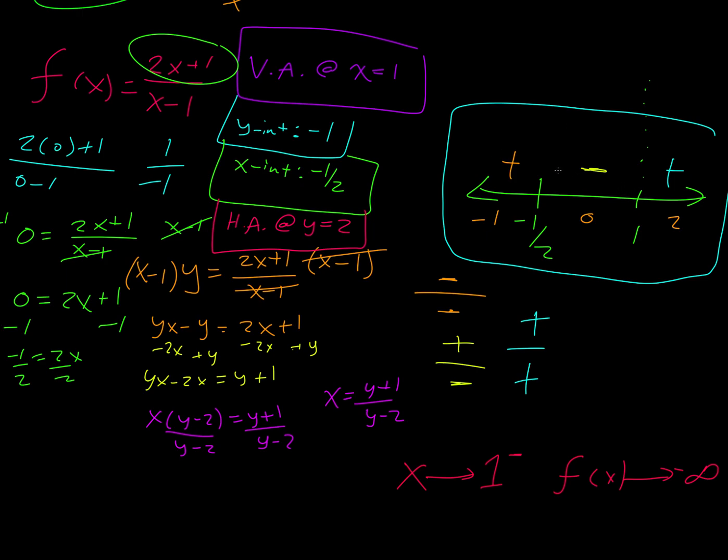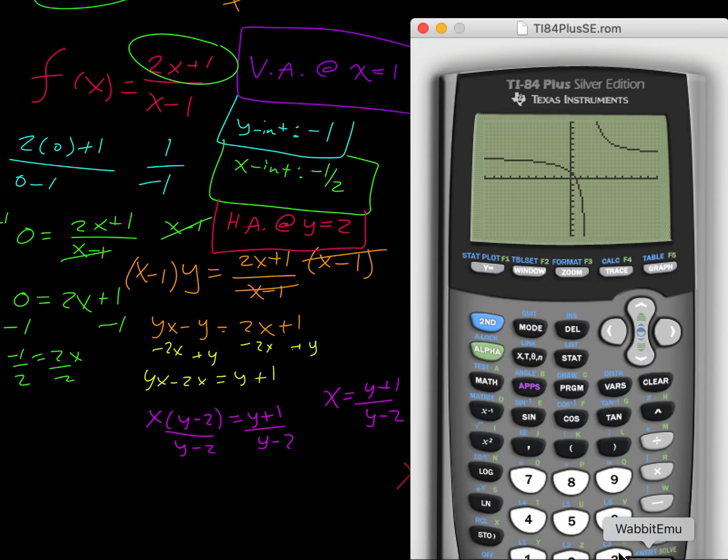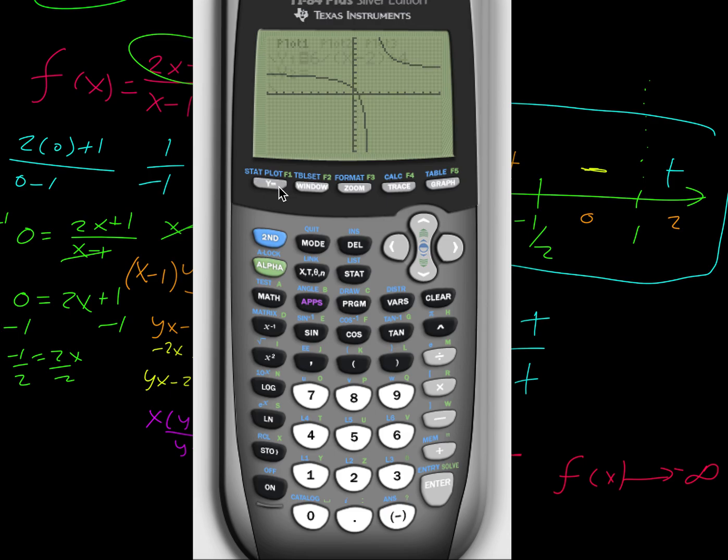So what that means, if we approach 1, so we're going to this asymptote from this side, then we're going to go down on the y-axis. Here, I'm going to show you with a graph. I think this is too hard to explain without a graph. So 2x plus 1 divided by x minus 1.